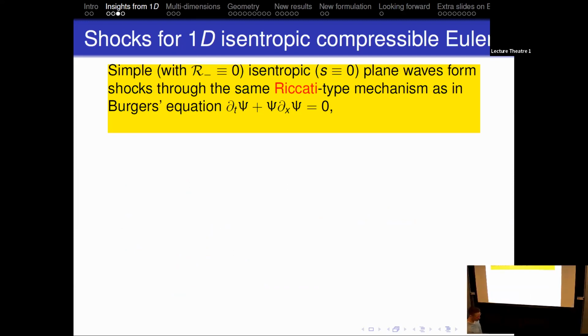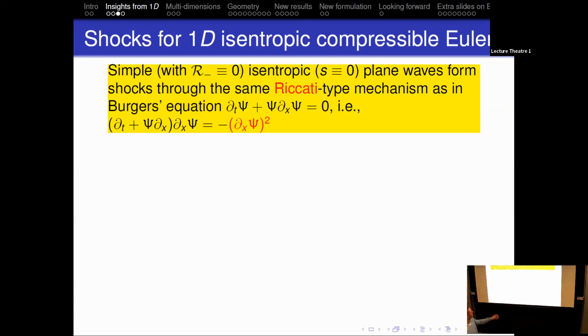I just put in this yellow box exactly what I just said. For simple waves, the shock formation mechanism for that scalar equation is just like for Burgers'. You take one x derivative of the equation and you get a Riccati type term on the right hand side. And that's one way to think about the source of the singularity formation: it comes from this Riccati type structure.